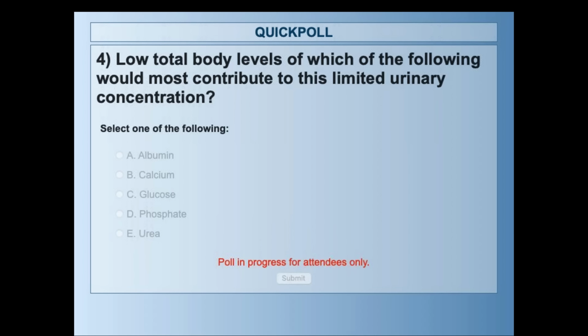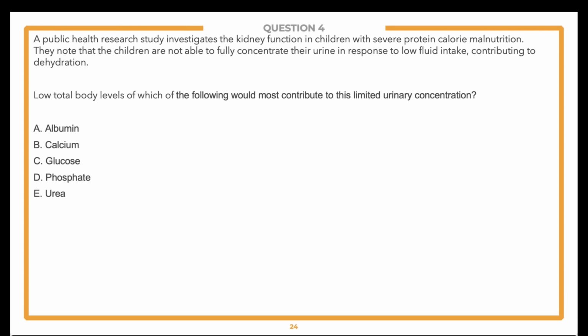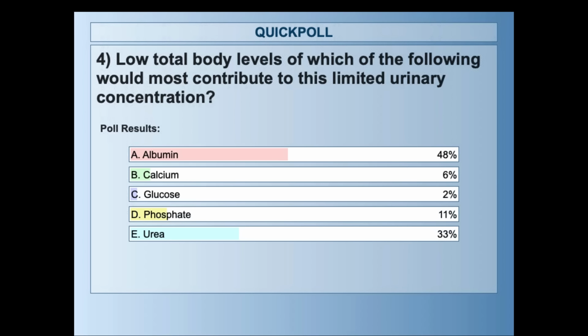We're going to shut her down and let's share the results. So almost half of you went with albumin and about a third of you went with urea. That's over 75% of the votes here.